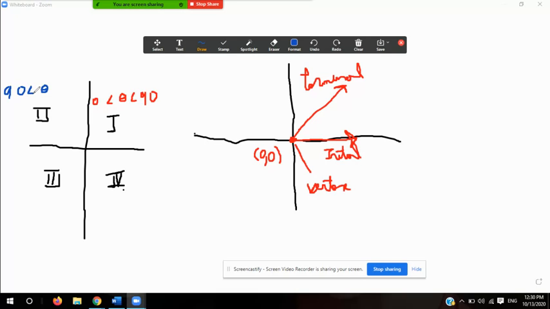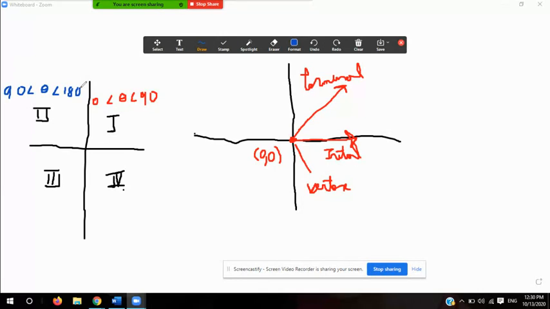Notice how they're not less than or equal to or greater than or equal to. That means that if an angle is on 180, it's not in a quadrant per se, it's just on an axis. So in quadrant 2, you'll find angles that are greater than 90 but smaller than 180.